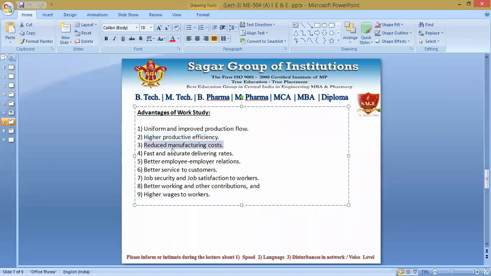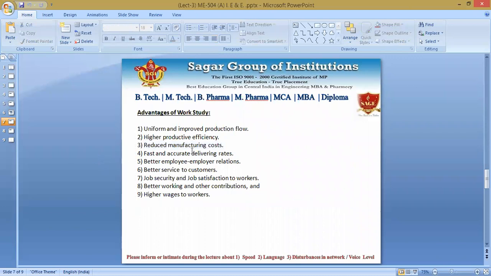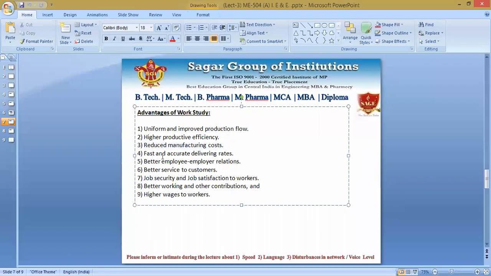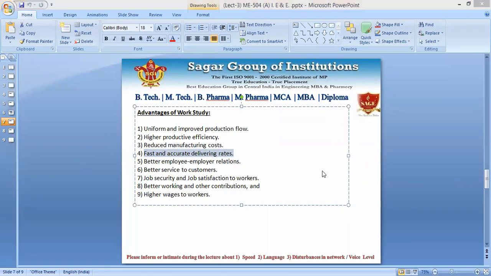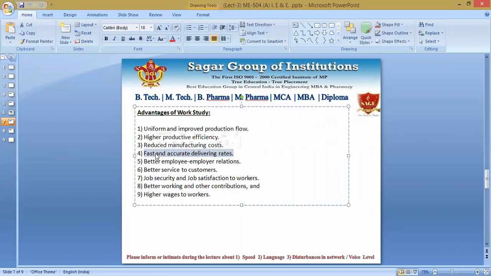Reduced manufacturing cost. We have seen in the definition of work study itself that it reduces the cost. And fast and accurate delivery rates. If you have already worked on these parameters, you'll get these results. These are basically the results rather than advantages.